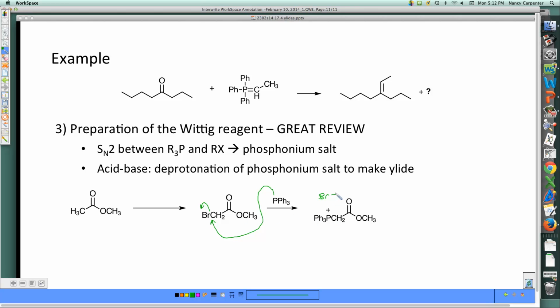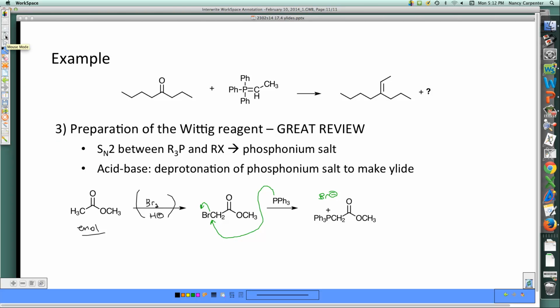So my Br minus is the counter ion. And if you're wondering, this was, at the end of fall semester, you need to use Br2 under acidic conditions to make the enol, which can then react with the bromine to brominate at the alpha carbon.